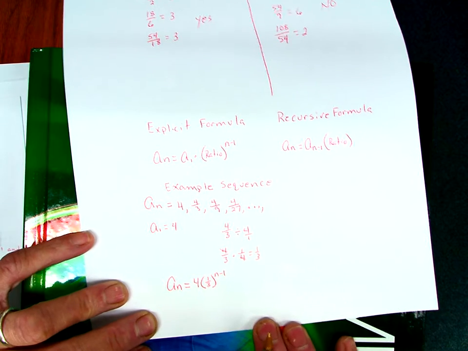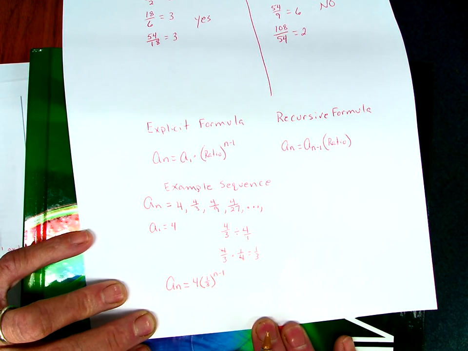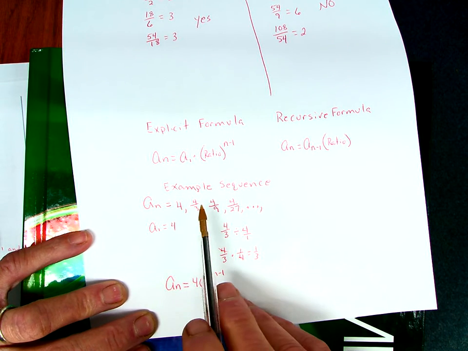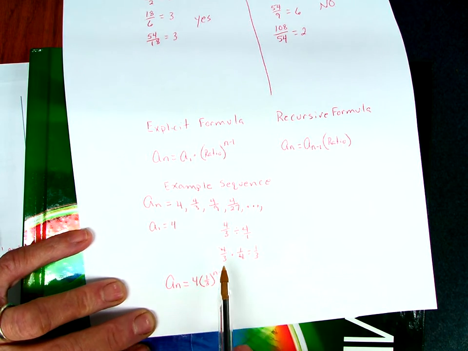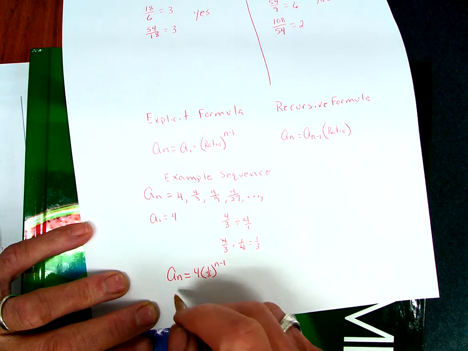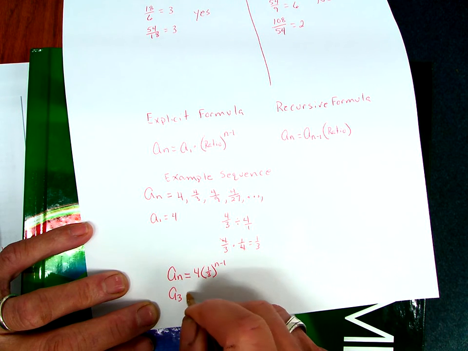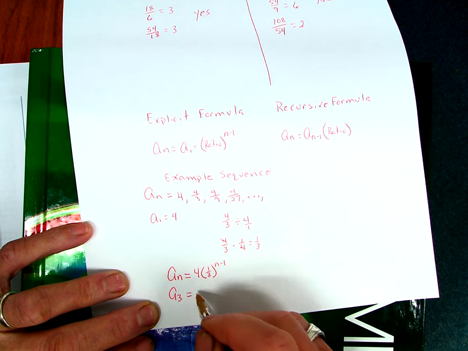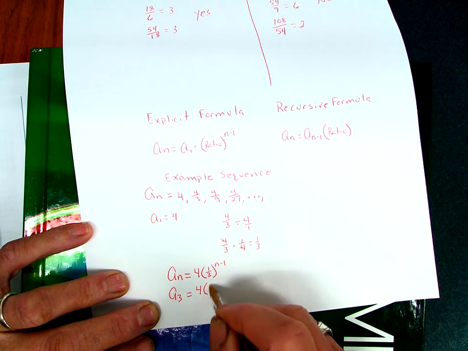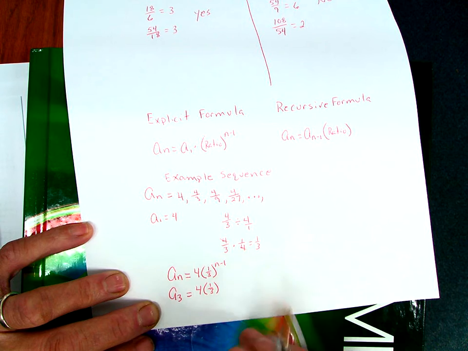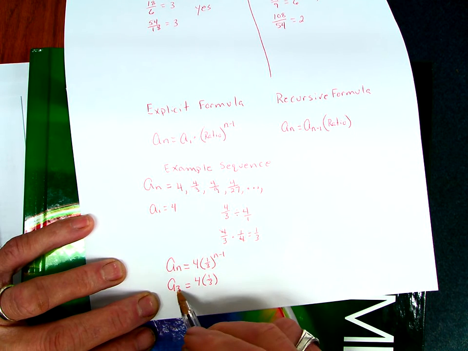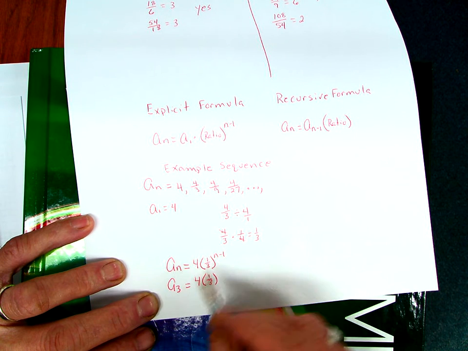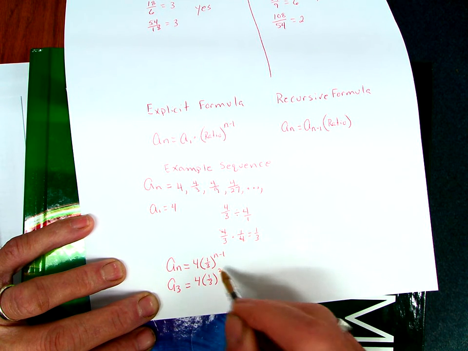So if all of a sudden I had to find, 4 over 3 was the second element. So if all of a sudden I had to find a sub 3, it would be 4 times 1/3 times this number minus 1 squared.